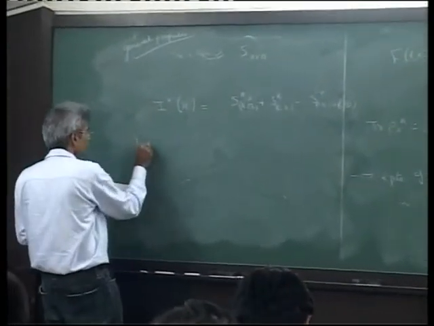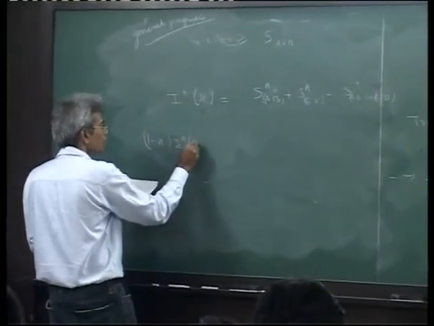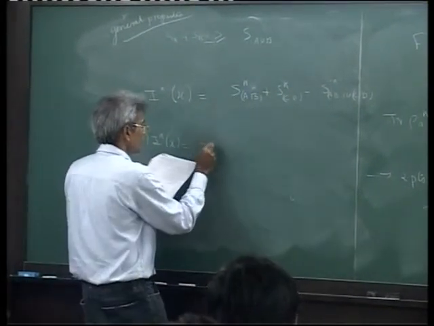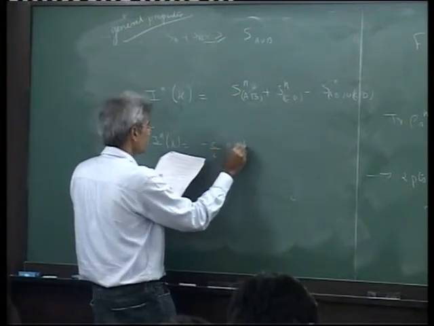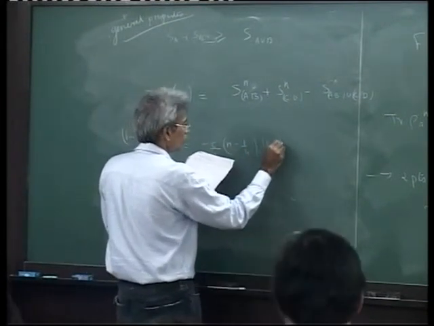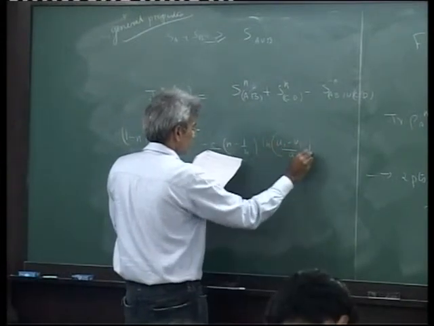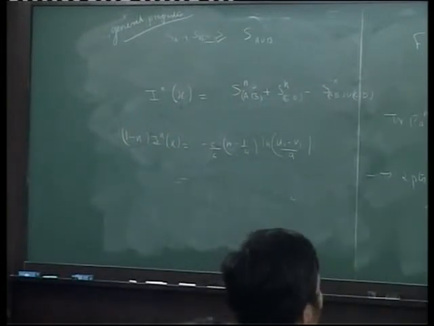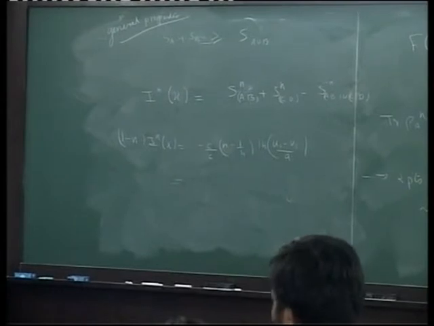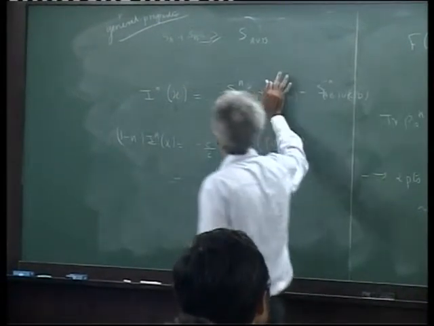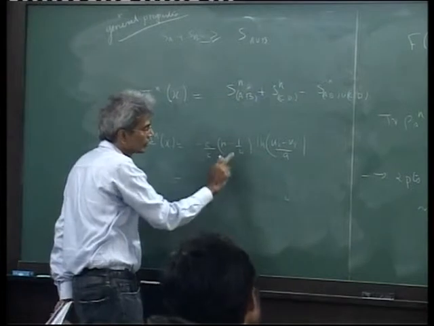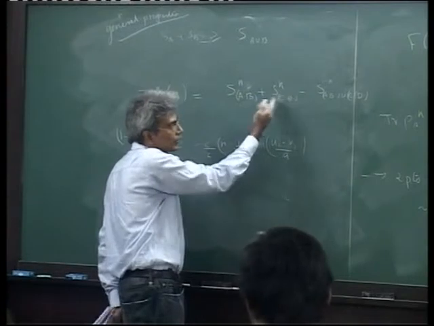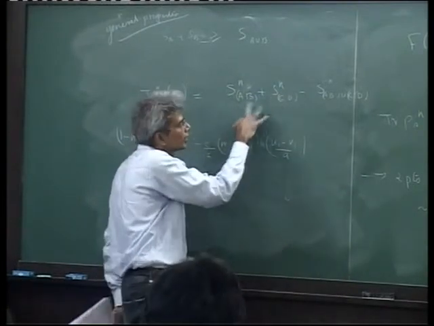So if I compute 1 minus n times I_n(x), which is what you have to compute, this one is minus c by 6 times the log of (u1 minus v1) by a, minus... Here, for instance, this is calculated without anything. This A comes here, just independent single intervals.